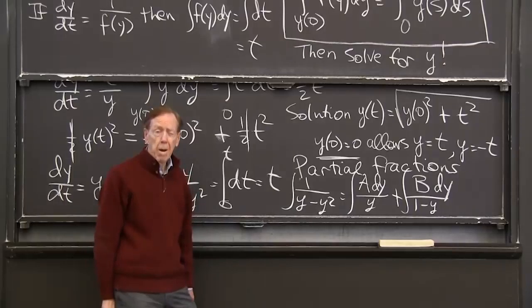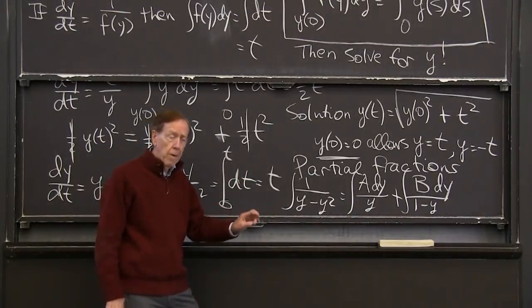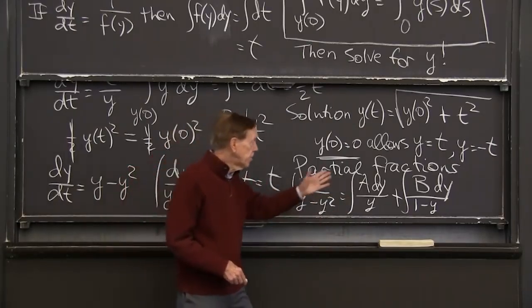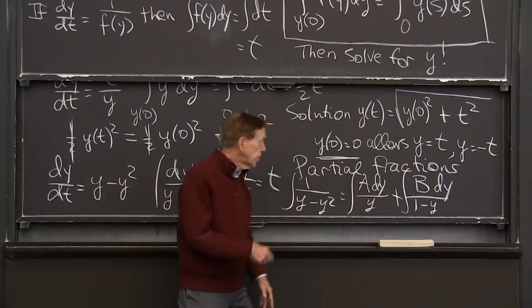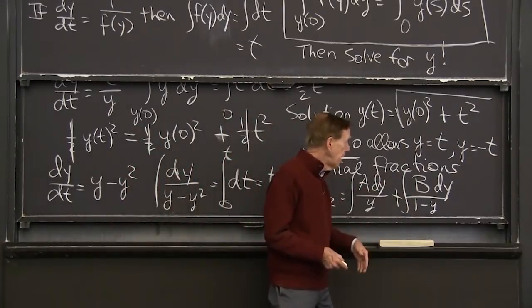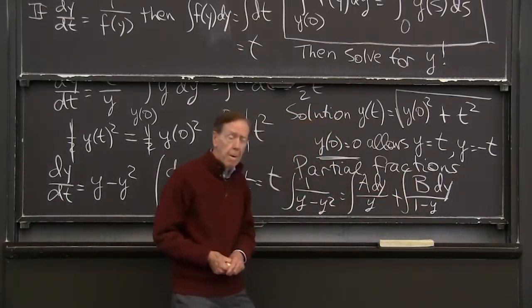And those are easy. So partial fractions, after you go to the effort of finding the fractions, then you have separate integrations that you can do. That integral is just a times the log of y. And this is maybe b times, maybe it's minus b times the log of 1 minus y.